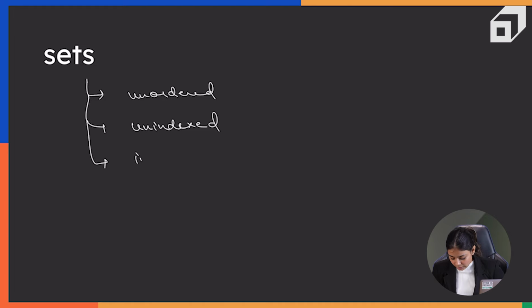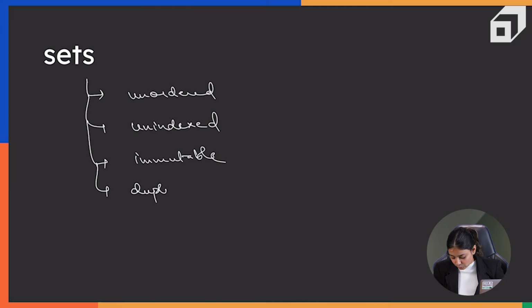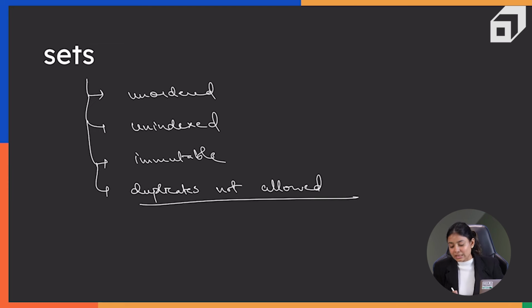These also do not allow updating values. You can add or remove values but not update them. And also lists and tuples were allowed to have duplicate values, but in a set duplicates are not allowed, which means if you have some values in a set already and you try to add that again, it will not do that.